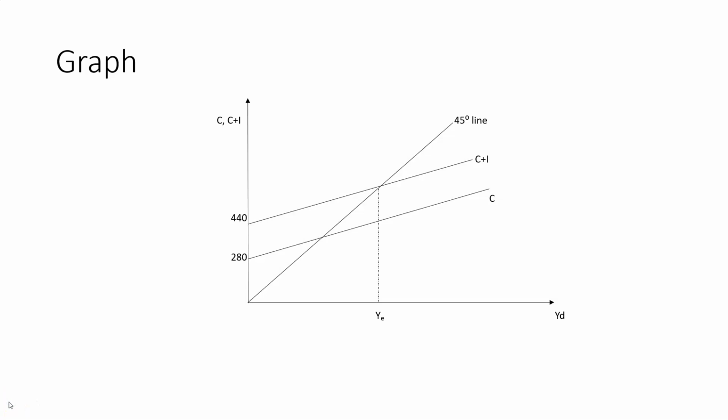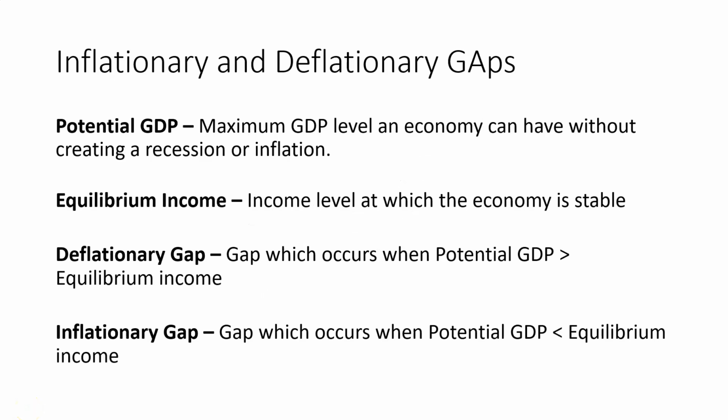Now, the purpose for Keynes to find equilibrium income is because he wanted to compare that with something he called potential GDP. Potential GDP is the maximum GDP level we can have without creating a recession or inflation.